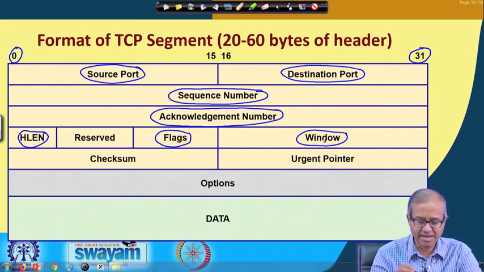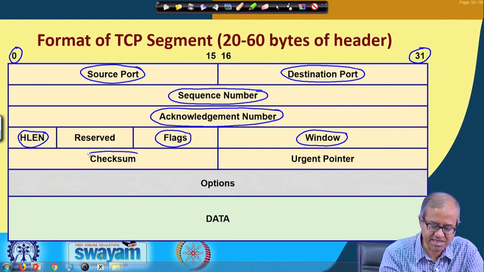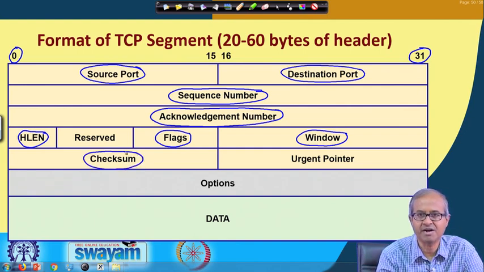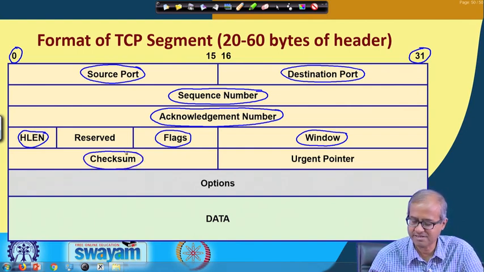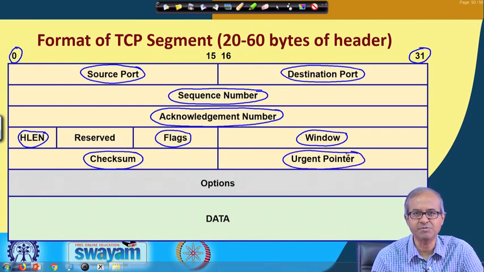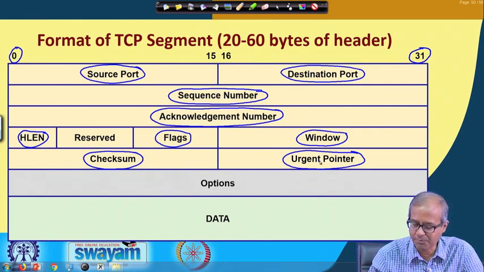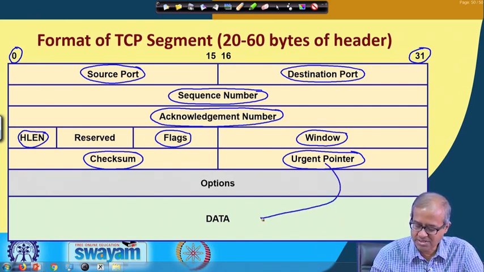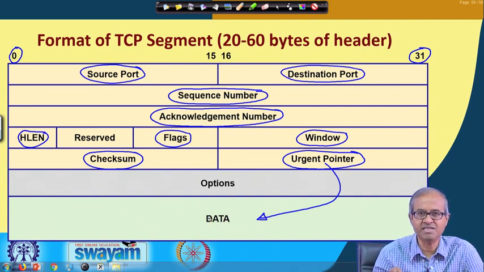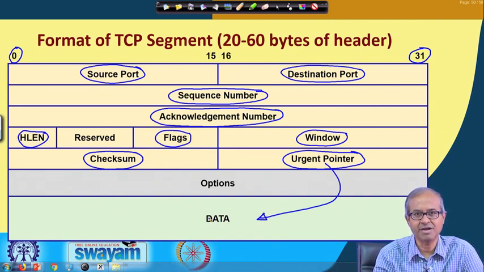And of course, there is a checksum for detecting errors, and there is an urgent pointer. Sometimes as part of the TCP packet you can send some urgent message, and urgent pointer actually points to some part of the data where that urgent message is located. And some option field is also there.